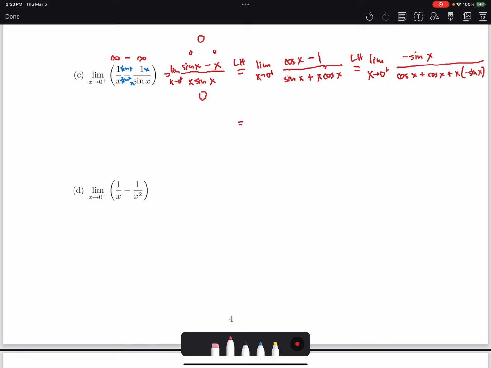Okay, let's clean it up. We have negative sine x over 2 cosine x, right? Cosine x plus cosine x, and then minus x sine x.